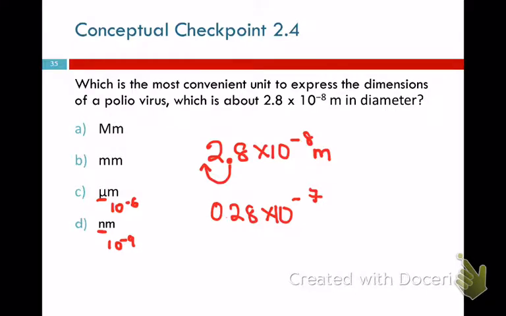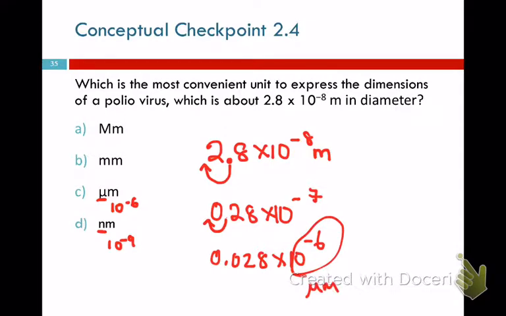I could go a little bit farther. If I go one more, this becomes 0.028 times 10 to the minus 6. And now this is a micro. So you could report this number as 0.028 micrometers.